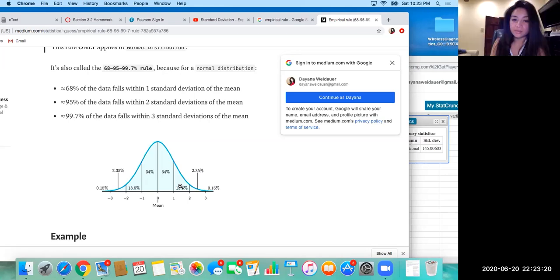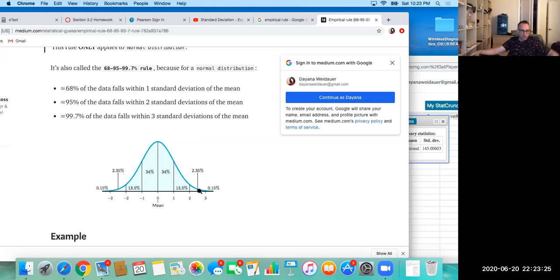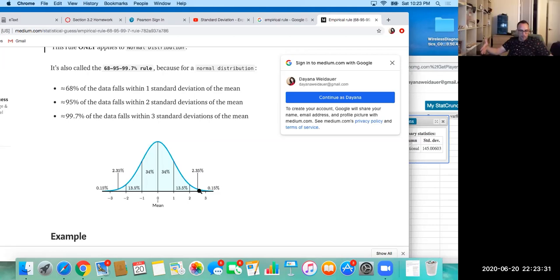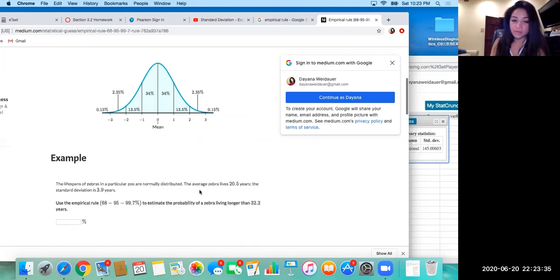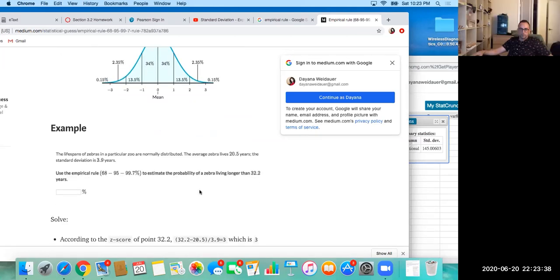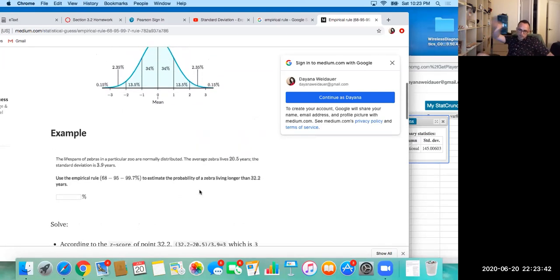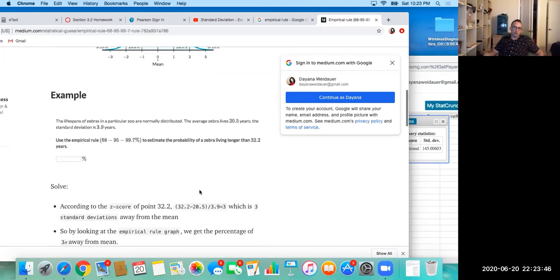If you go out 3 times, it'll add to 99.7. So 68, then 95, then 99.7. Whenever it says it's roughly bell-shaped, you can use this idea called the empirical rule to help you solve questions.